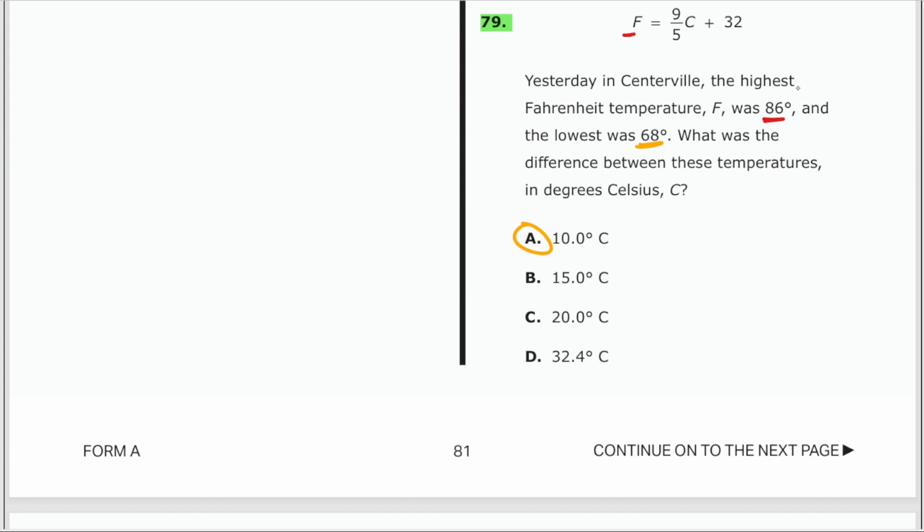me, right? So you have this as F1 and you have this as F2. So F1 is equal to 9/5 C1 plus 32. Now F2 is equal to 9/5 C2 plus 32. Here's a trick.